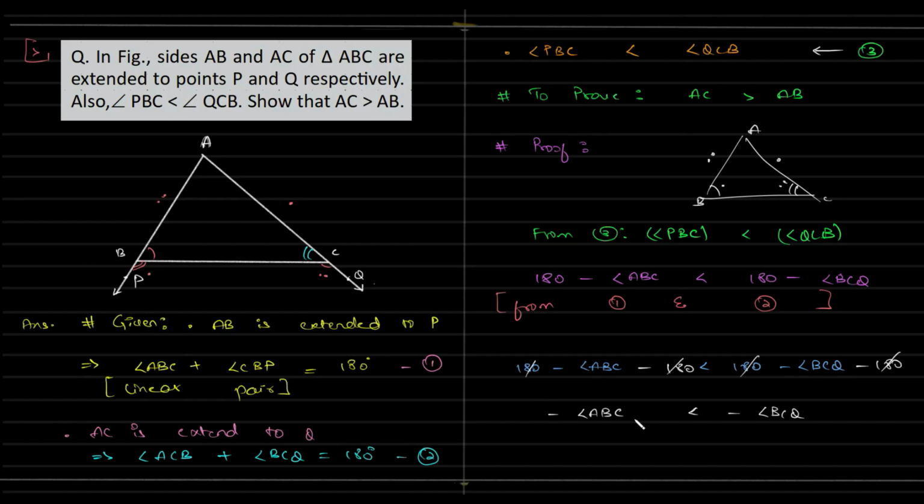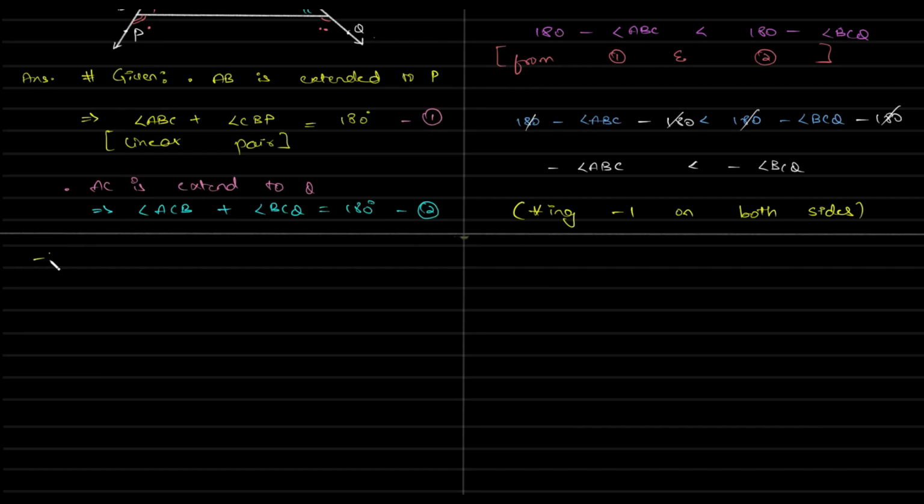We have a negative sign over here. We don't want negative, we want positive. So we multiply by -1 on both sides: -1 times minus angle ABC is less than -1 times minus angle BCQ.